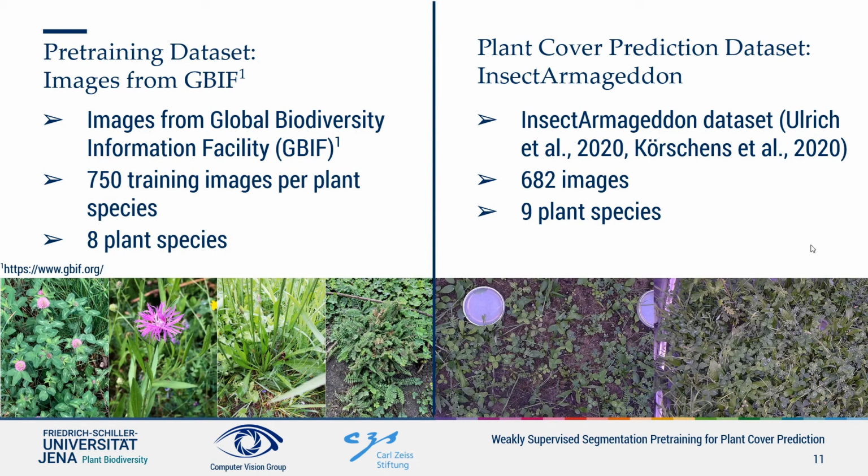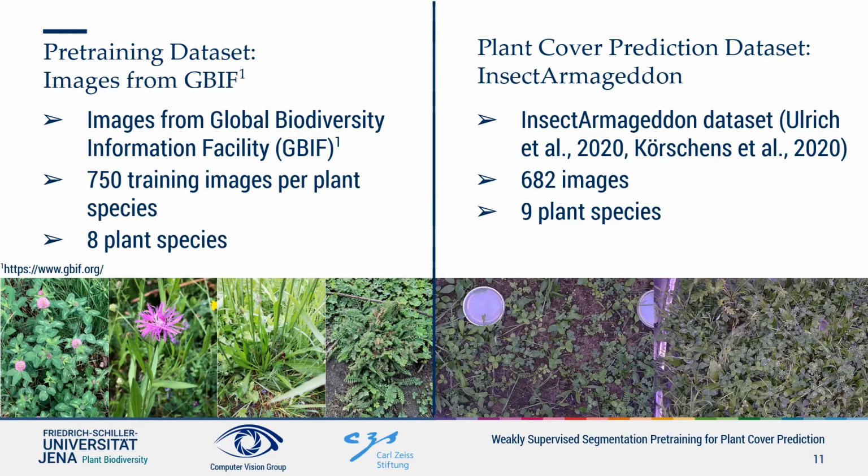In our experiments, we utilize 2 different datasets. The first one you can see on the left side. This dataset is our pre-training dataset, and it contains images from the Global Biodiversity Information Facility. We constructed this dataset ourselves, and it contains 750 training images per plant species, and it contains images of 8 different plant species.